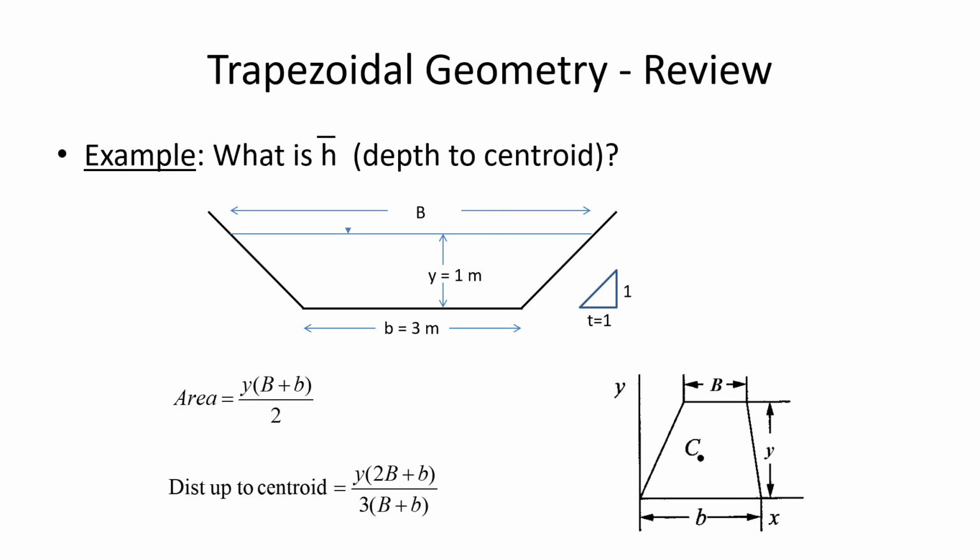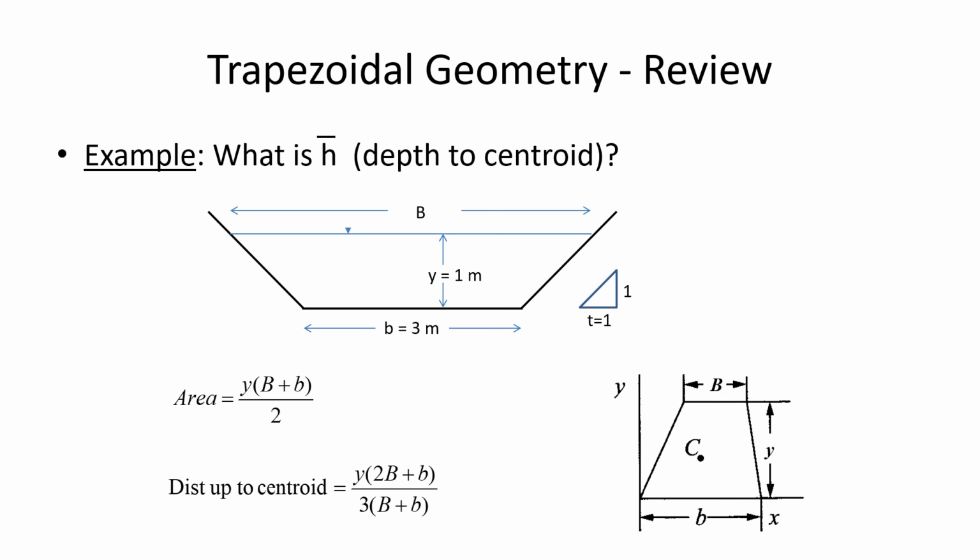All right, so y, the flow depth, is 1 meter, times 2 times the top width of 5 meters plus the bottom width of 3 meters, divided by 3 times 5 meters plus 3 meters. Okay.